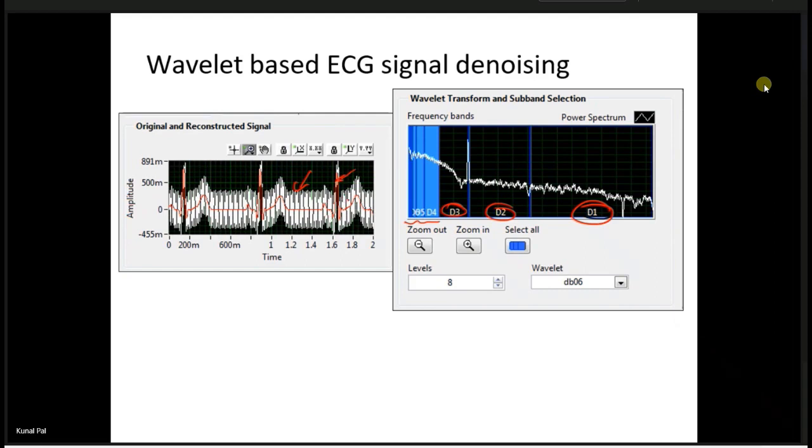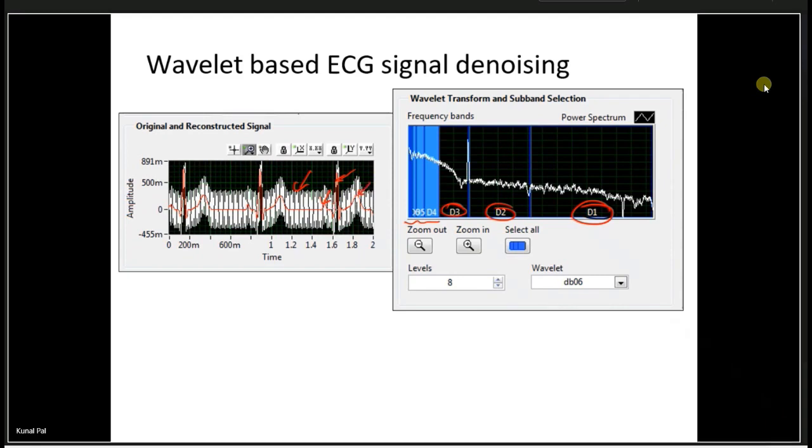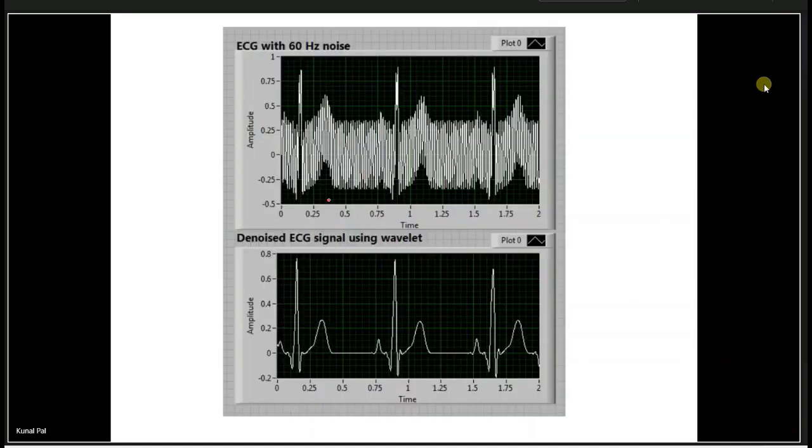denoised ECG signal. And if you compare it with the STFT, if you see the parameters over here, all the P waves have been retained, unlike in the STFT based threshold based denoising. Again, this is ECG with 60 hertz noise, and when we denoised with wavelet, you see the P wave is being retained.